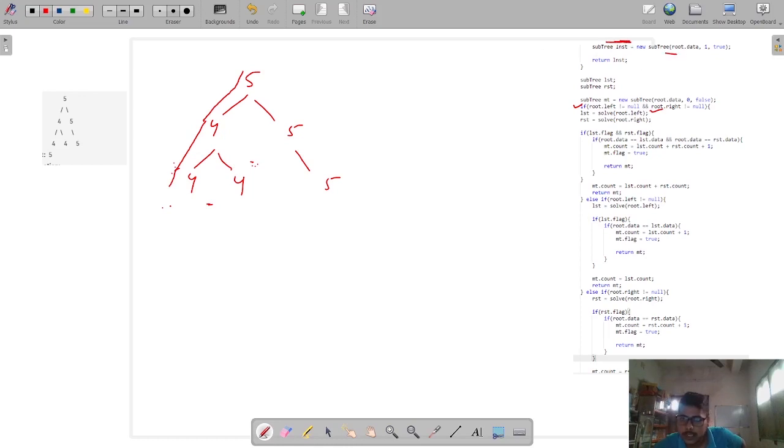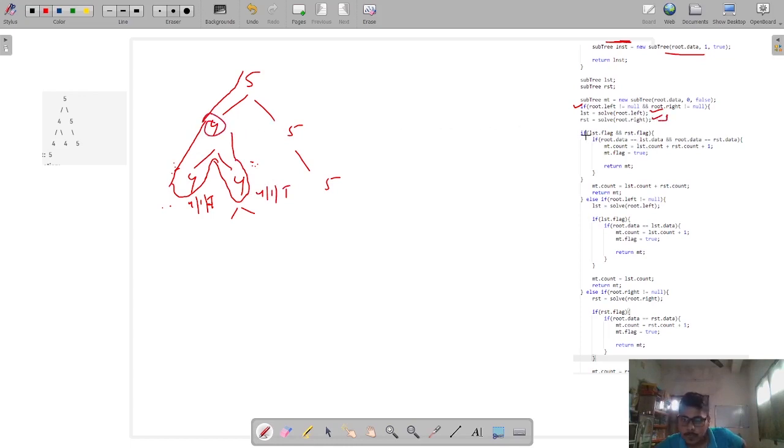So we will create an object and return the object with root data 1 and 2, right? So then we come back with this call. We have done with the left call, we will do now the right call. The right call again, both the children are null, so we will return root data 1 true. So we are done with this part for this node.